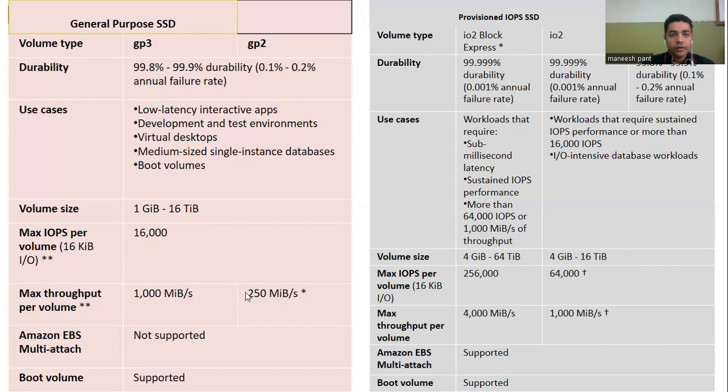Of course, different volume types have different throughput. Then there are some other features like Amazon EBS multi-attach, which is not supported in general purpose. The boot volume is supported. In provisioned, multi-attach is supported and boot volume is also supported. Okay, moving forward.